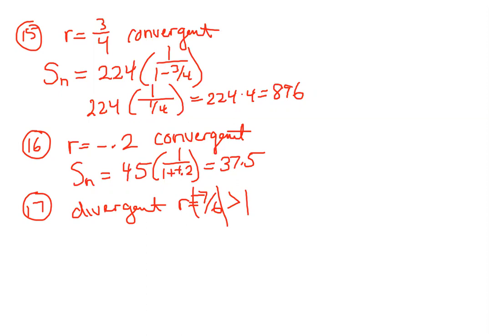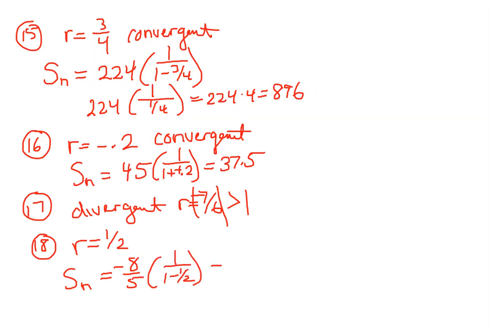And number 18 is convergent because r is 1/2. So we're going to say -8/5 times 1 over 1 minus 1/2, which equals -3.2. All right, that is the end of geometric series.